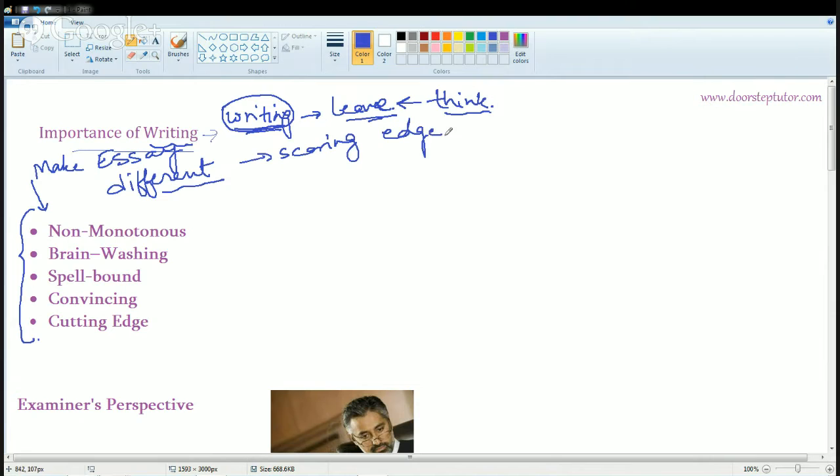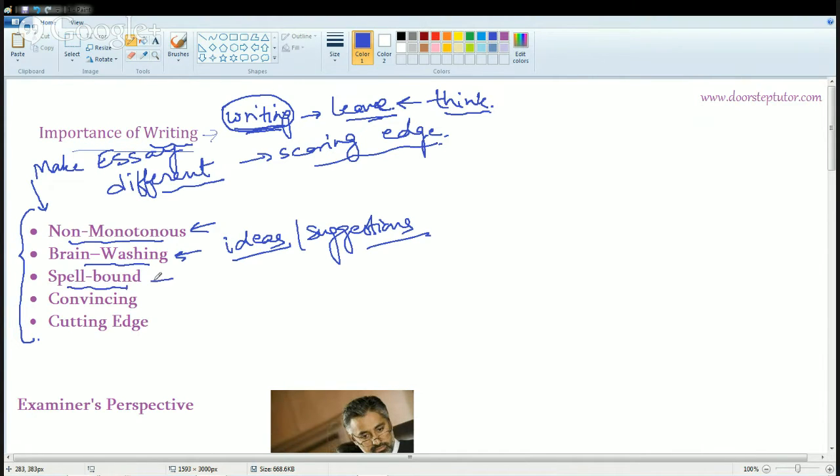If you need to score differently from other candidates, you must make your essay non-monotonous. So there should not be a simple writing style that's going on and on, reading which an examiner might sleep. It should have some brainwashing ideas. You should be able to introduce new ideas, provide suggestions. The reader must be spellbound.